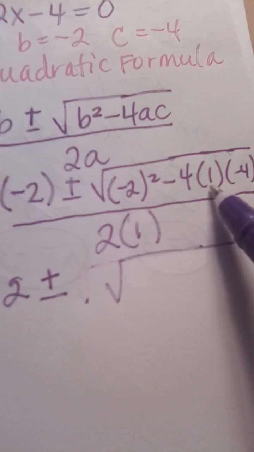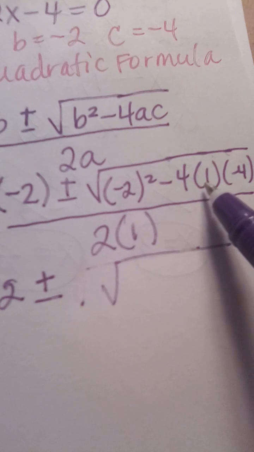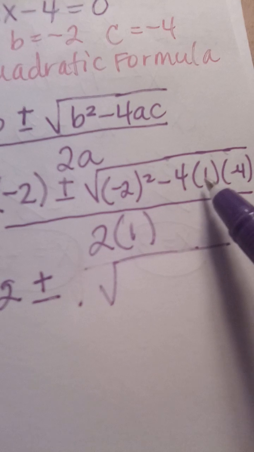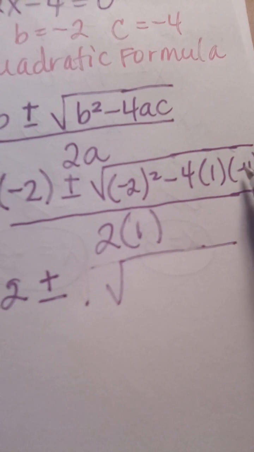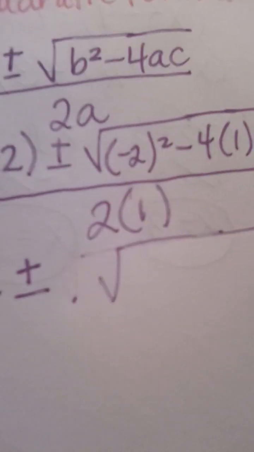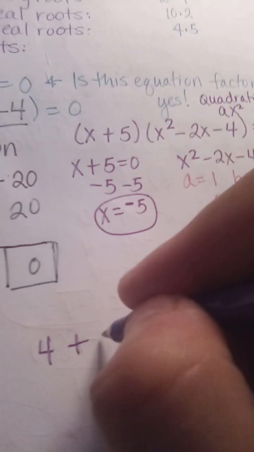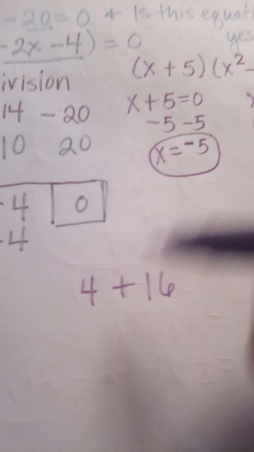4 minus 4 times 1, that gives us a -4. Then times a -4 is a positive 16. Positive 16, right? What's 4 plus 16?